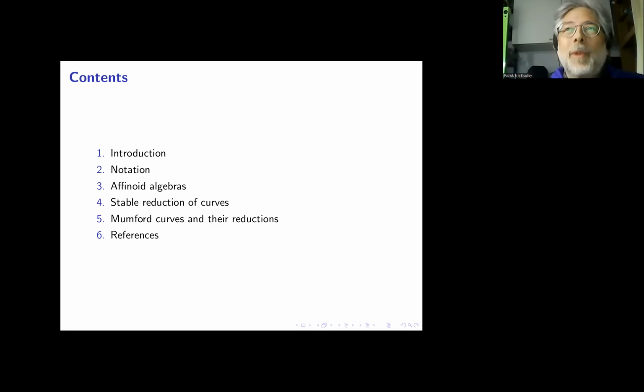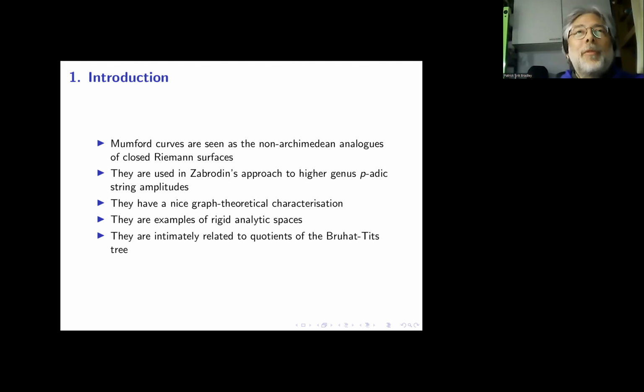In the end, one reference for today. So Mumford curves can be seen as the non-Archimedean analogues of closed Riemann surfaces, so surfaces without holes, topologically speaking, and they are used in p-adic string theory by Zabrodin and his colleagues.